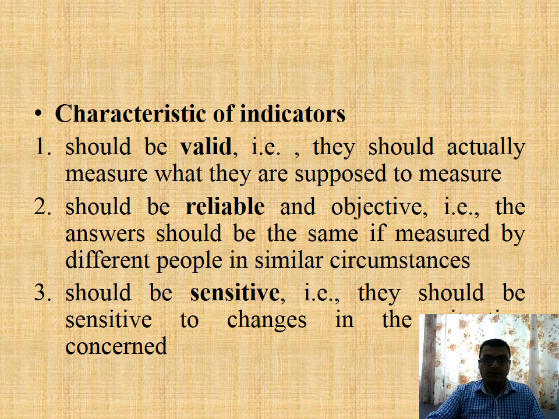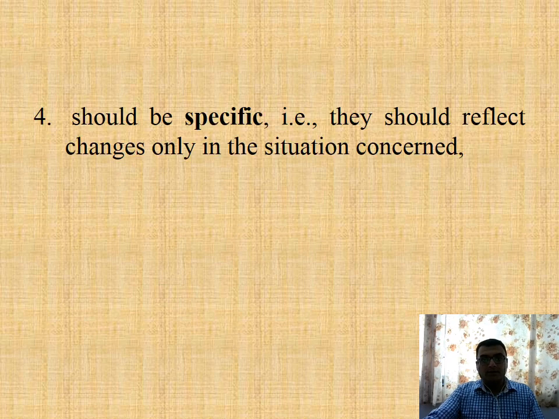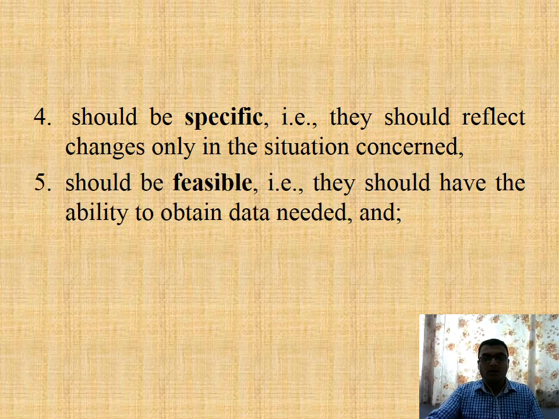The next characteristic is that health indicators should be sensitive. That means they should be sensitive to the changes in the given community. The fourth characteristic is specific. That is, they should reflect the changes only in the situation concerned. The fifth characteristic is that they should be feasible.